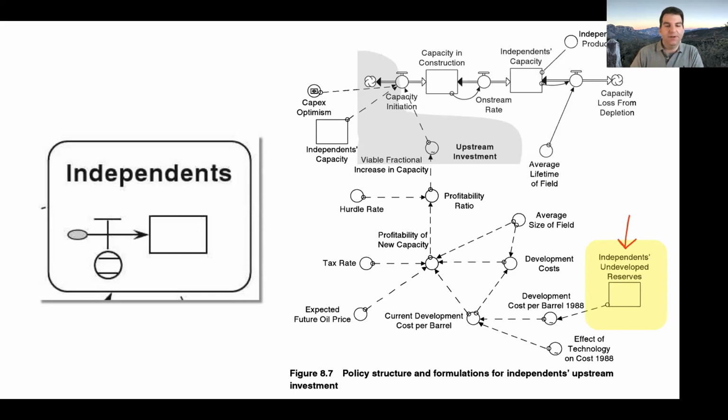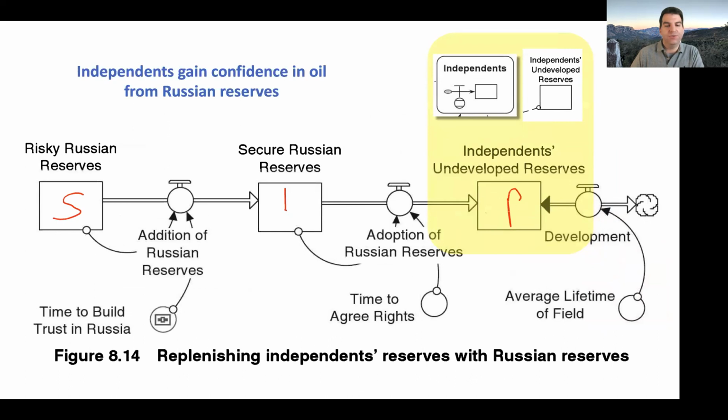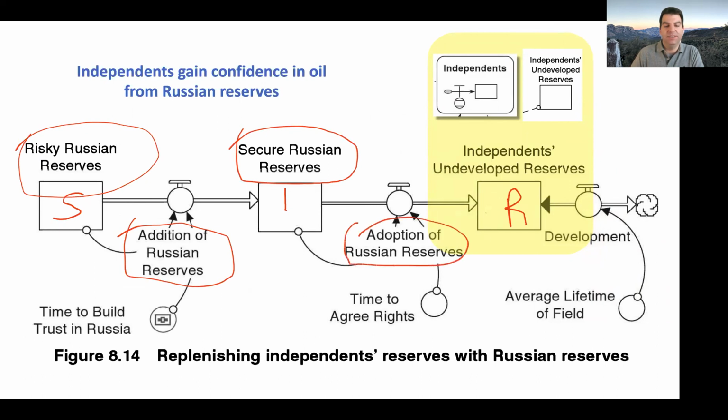And so we can then build a little kind of SIR model. You can think of this as SIR, or you can think of each one of these as smoothing delays, where you have the Russian reserves that people are skeptical of, but over time they become less skeptical of. And then they become secure reserves that over time get adopted and purchased by the independents.